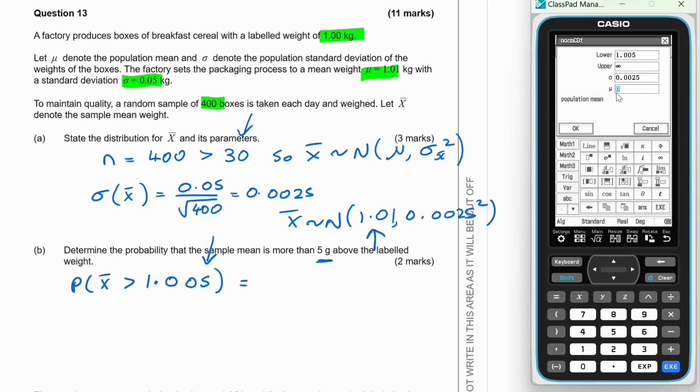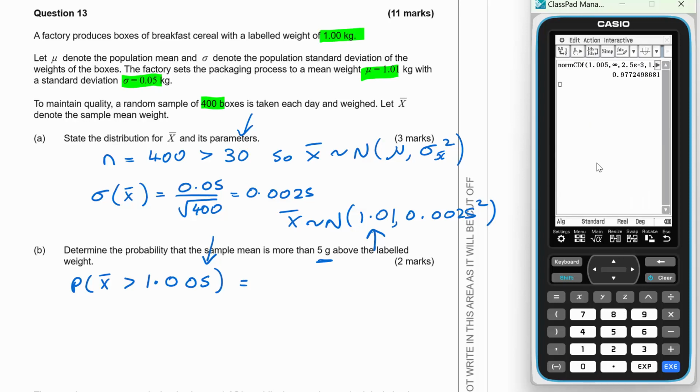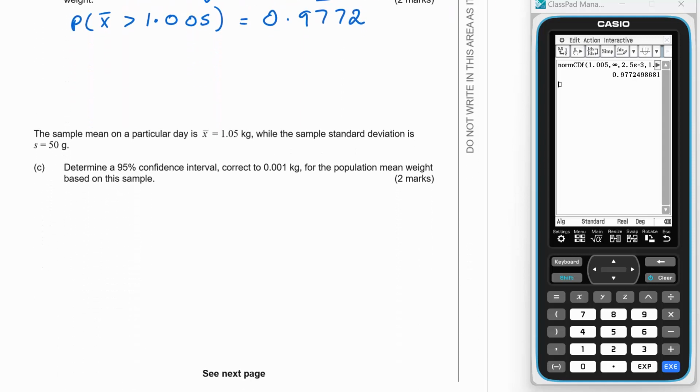And the mean is 1.01. And our answer there is 0.9772.